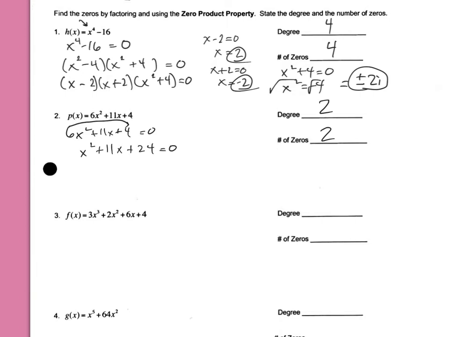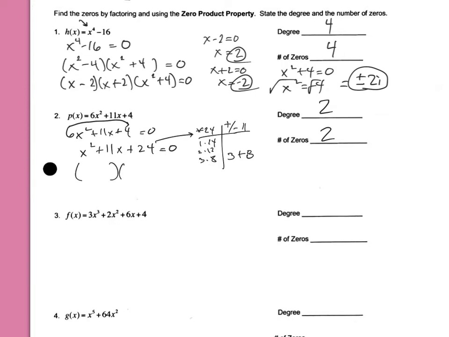Now we need factors of 24, so we're going to multiply to get to 24, and then, of course, add or subtract to get to 11. So we have 1 times 24, 2 times 12, 3 times 8, because 3 plus 8 is 11. Everything is positive. We don't even have any negative signs in the problem.